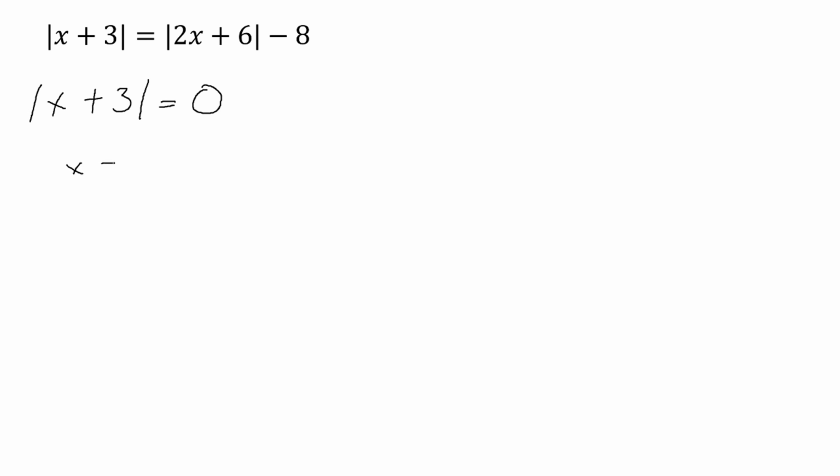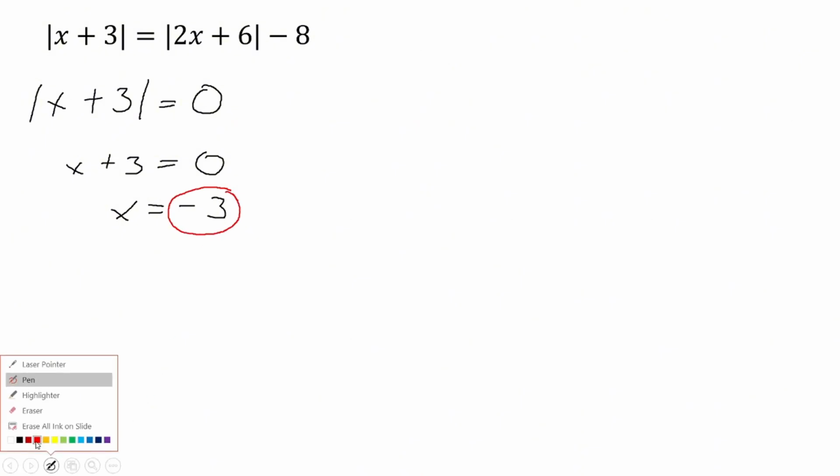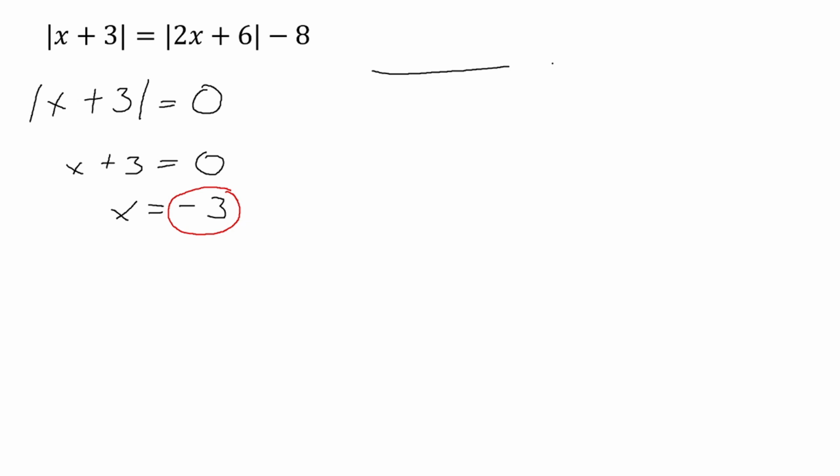So you can just rewrite the equation. x plus 3 is equal to 0. You get x would equal negative 3. And this negative 3 that you get right here will be one of our interval points, which we will then plot on a number line. So that is a terrible number line.